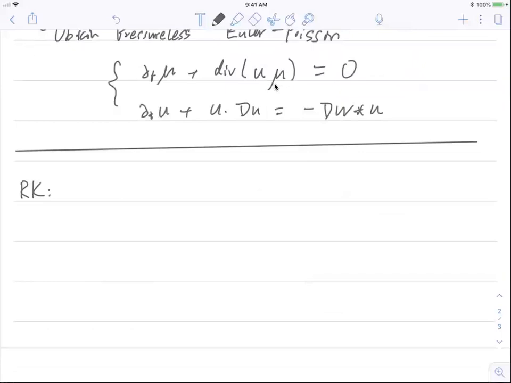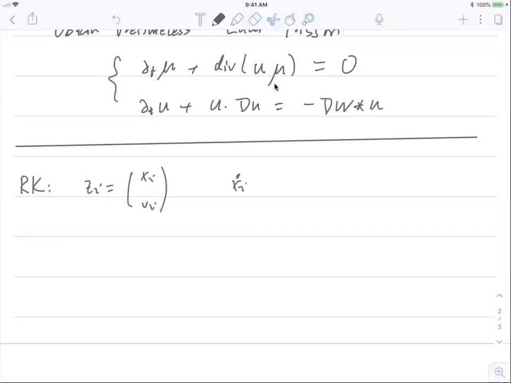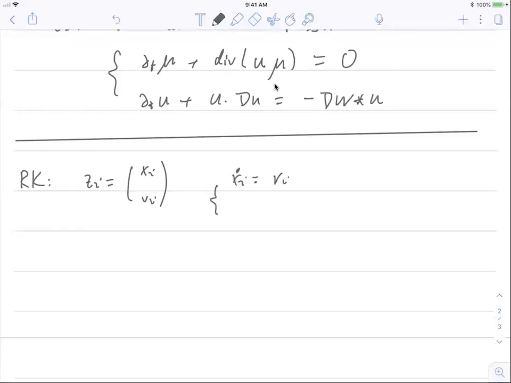You can write it in the following way: if you take z_i to be the position and velocity x_i, v_i. So we write the Hamiltonian system of Newton's dynamics, which is given by the following.